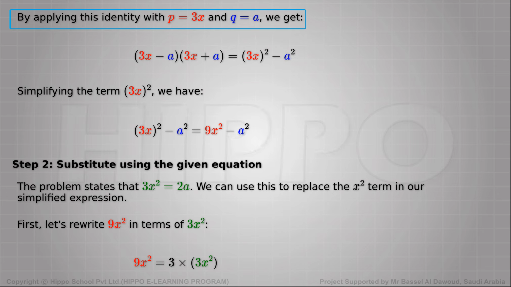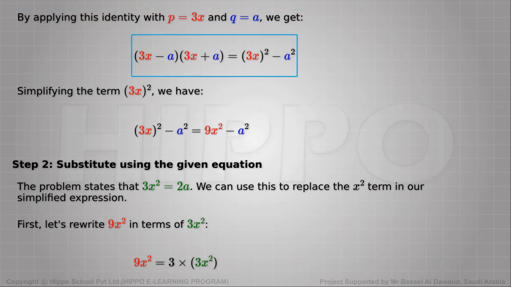In our expression, (3x − a)(3x + a), the p term corresponds to 3x and the q term corresponds to a. Following the p squared minus q squared pattern, our expression simplifies to (3x) squared minus a squared.